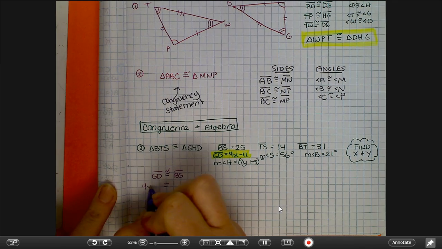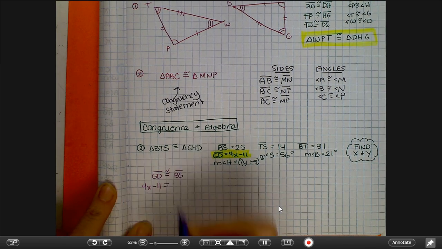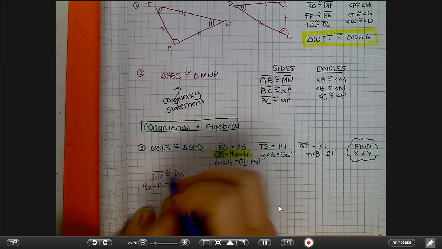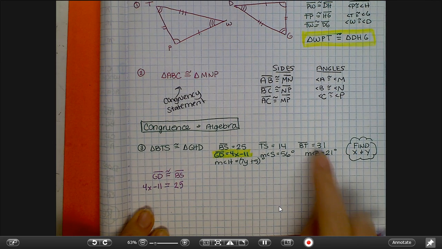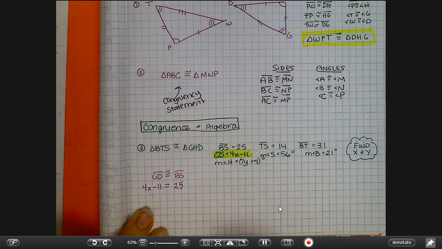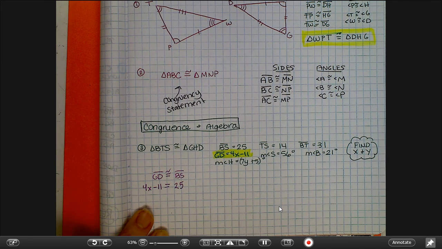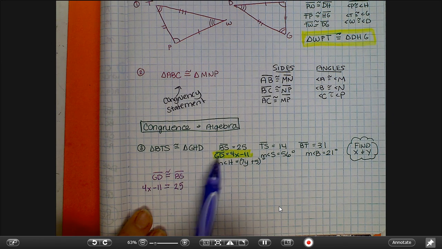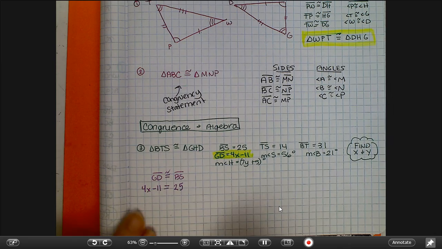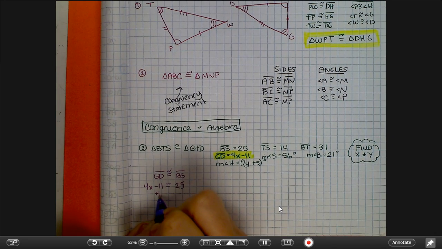GD, 4x minus 11, is equal to BS, 25. Do we need these other sides? Not at all. You need to use what you have to figure out what you need. That's where geometry is fun. Let me just double check myself. GD and BS. Yep, we should be good and we can solve now.